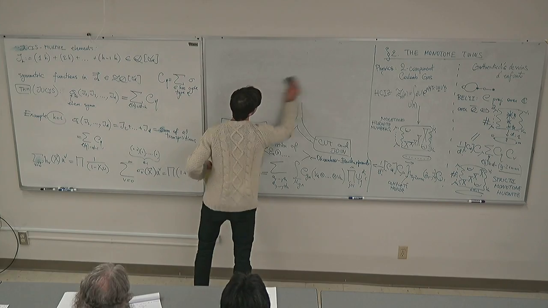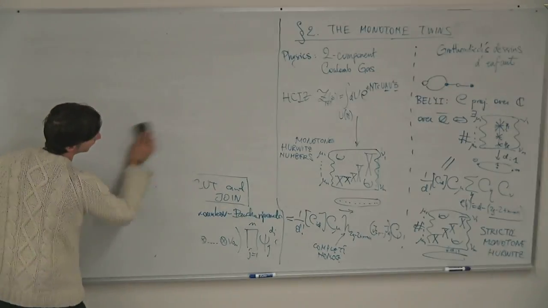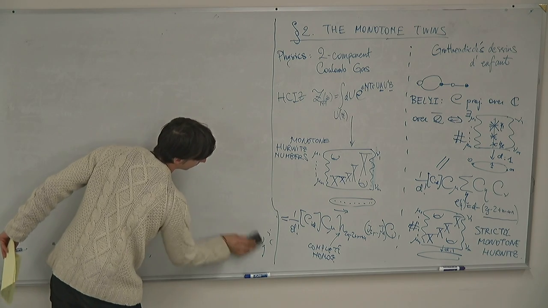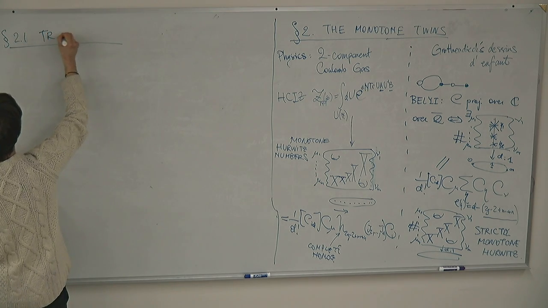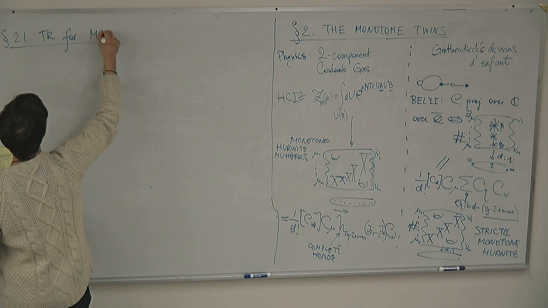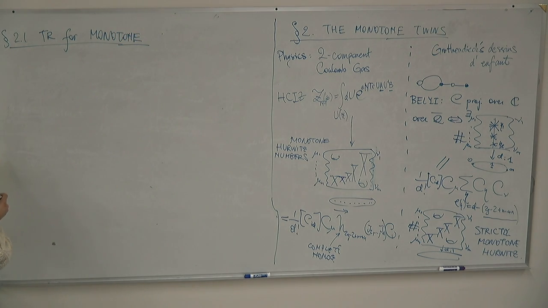And so topological recursion is known for both, and the ELSV formula as well. So this is 2.1, spectral curve for monotone.